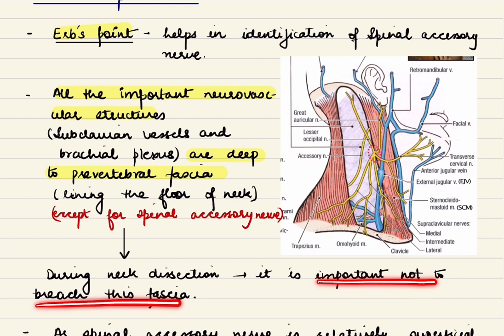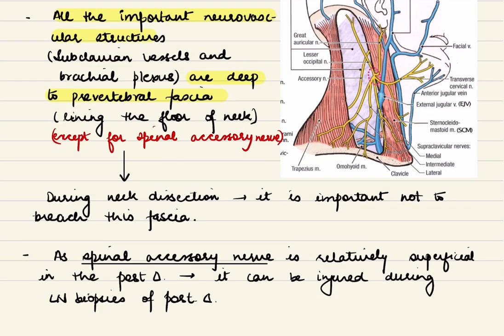If we breach this fascia, all these important neurovascular structures are at risk. Also, if we are planning any excisional biopsy in the posterior triangle, then the spinal accessory nerve can be at risk. So we have to know the anatomy of the spinal accessory nerve.